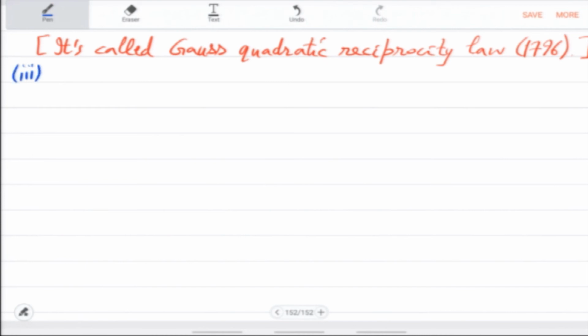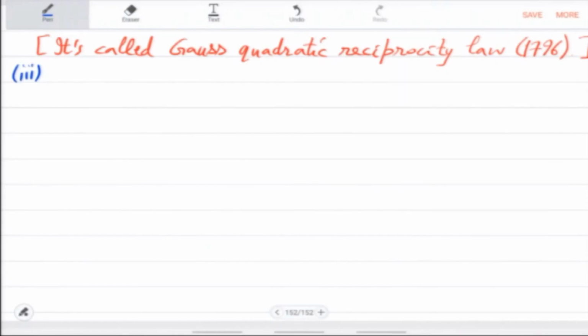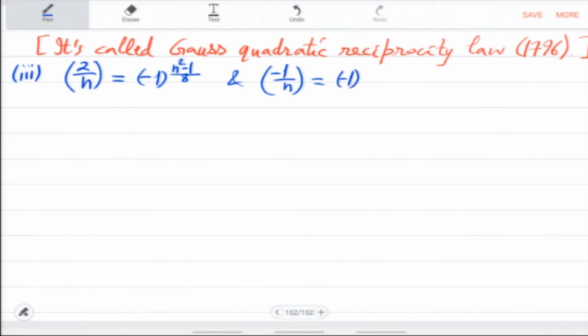The third property is based on when 2 is a square modulo a prime and when minus 1 is a square modulo a prime. You can work it out and you will find that 2 by n is minus 1 to the n squared minus 1 by 8, and minus 1 by n is minus 1 to the n minus 1 by 2 for any odd n.